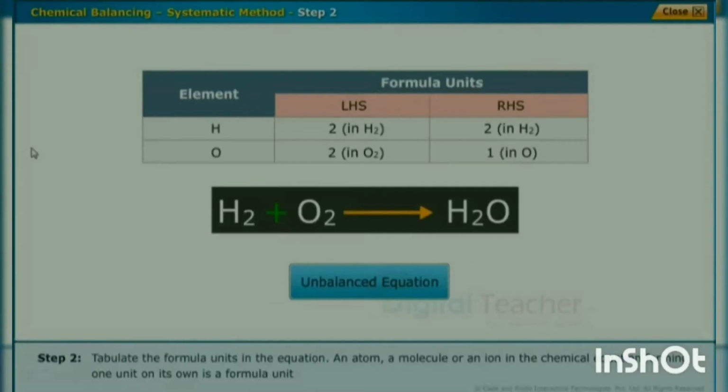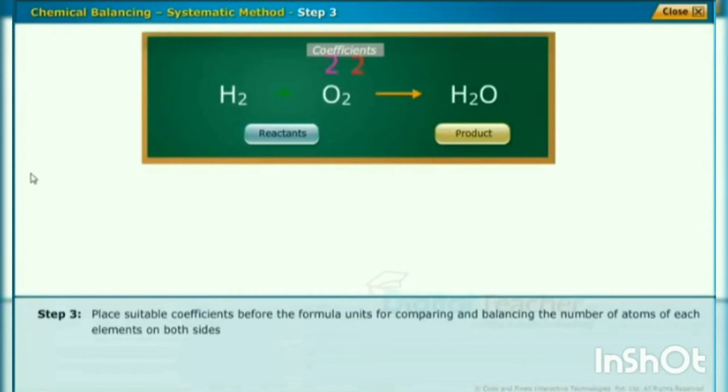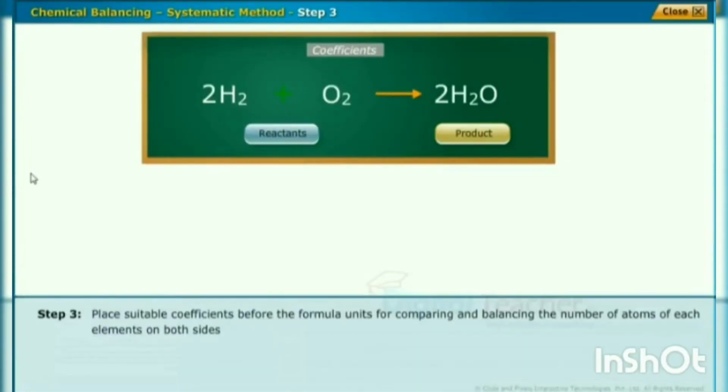First of all, we write down the elements that are involved in this chemical reaction, and then the number of atoms of each element present on the left hand side as well as the right hand side are written as shown. Then we place a suitable coefficient before the formula units for comparing and balancing the number of atoms of each element on both sides.